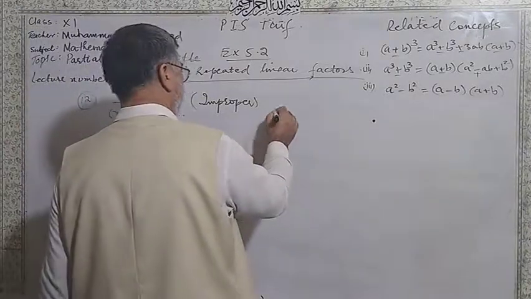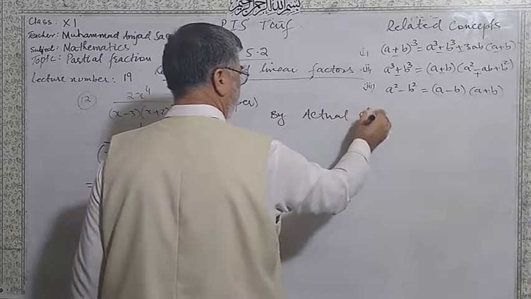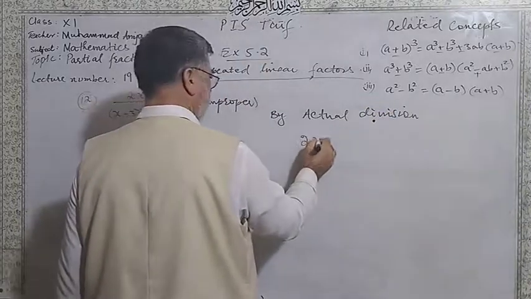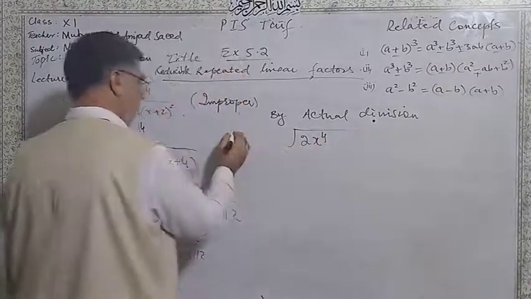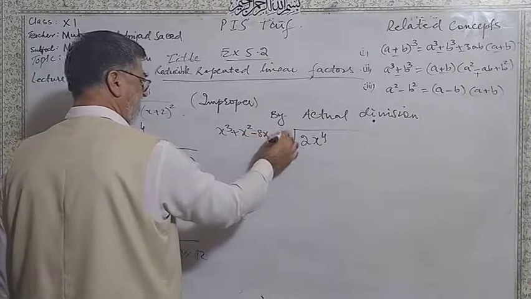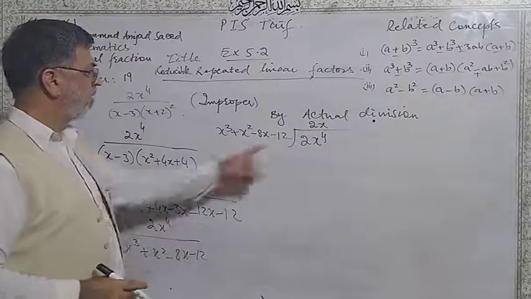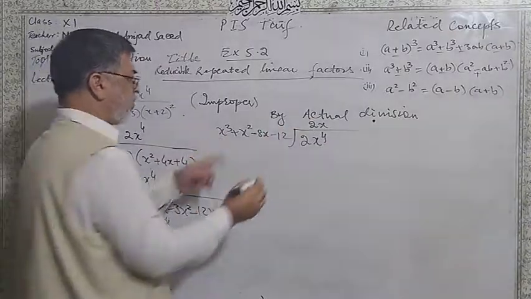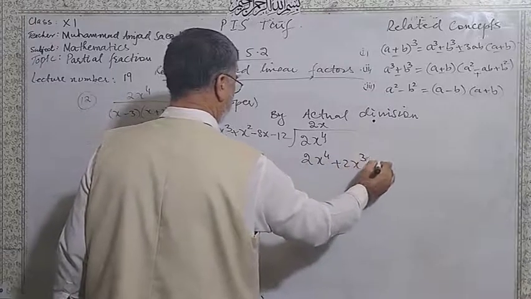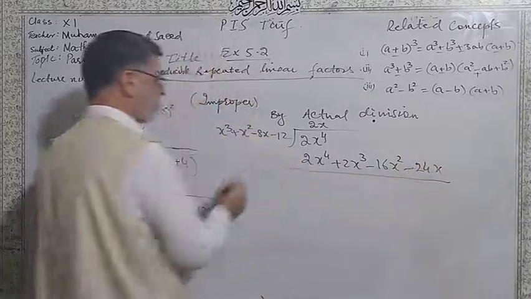So here by actual division or long division, 2x^4 divided by x cube plus x square minus 8x minus 12, it will go with 2x. 2x multiplied by x cube is 2x^4 plus 2x cube minus 16x square minus 24x.